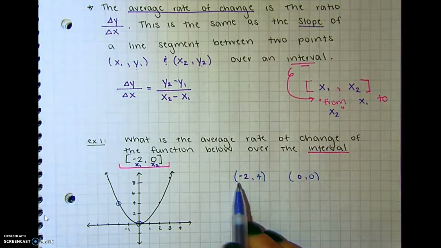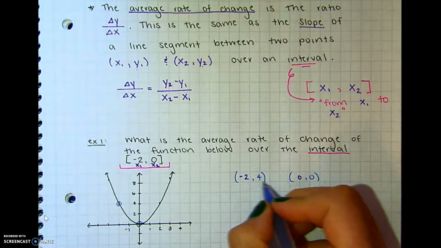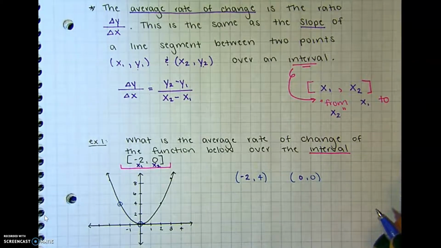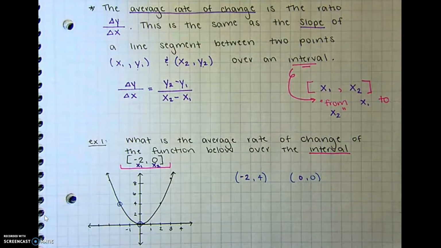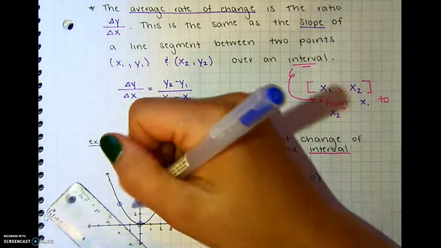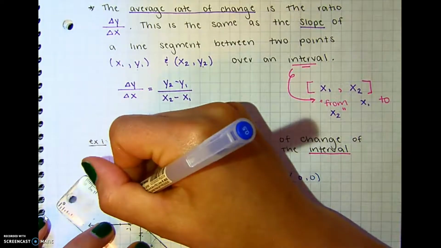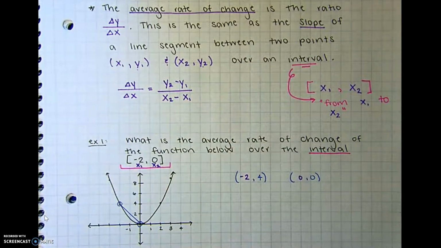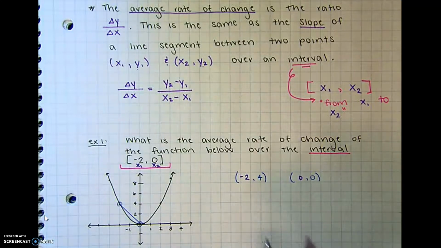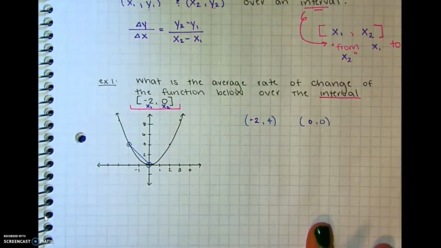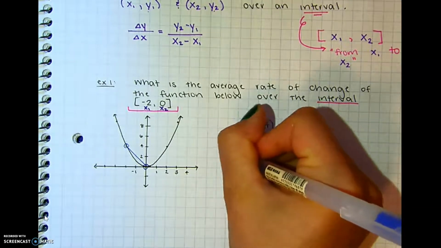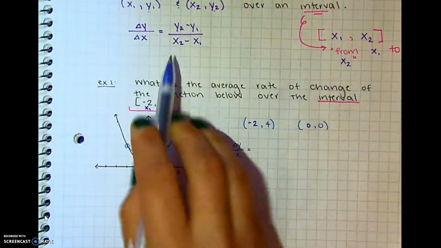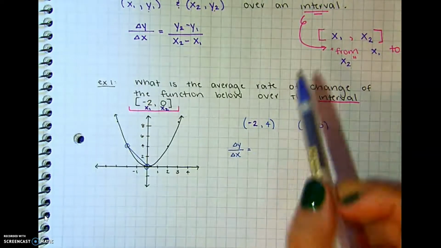So now that I have my points, this is x1, y1, x2, y2, I want to find the average rate of change between here and here. So that's going to be this, as if we were to take a line and connect them. What is the slope of that line? So as far as work goes, I want to see you show your formula. So that's going to be change in y, remember, over change in x. You don't have to show this, you could substitute in right here.